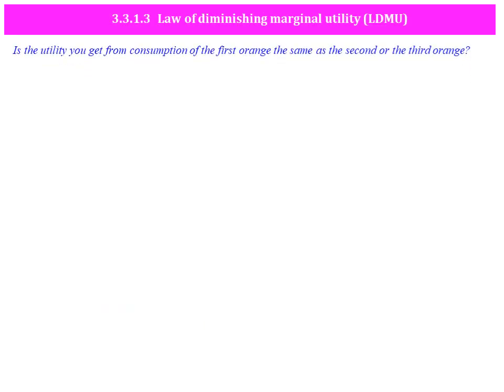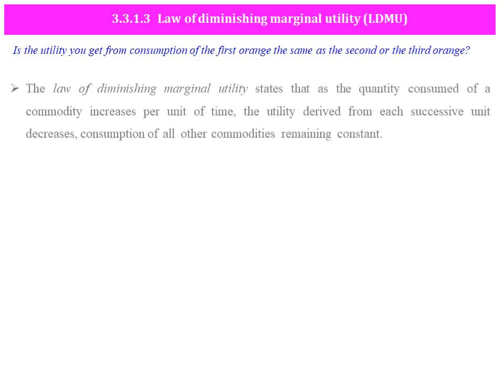The other one is the law of diminishing marginal utility. Now let us see the law of diminishing marginal utility. Is the utility you get from the consumption of the first orange the same as the second or the third orange?